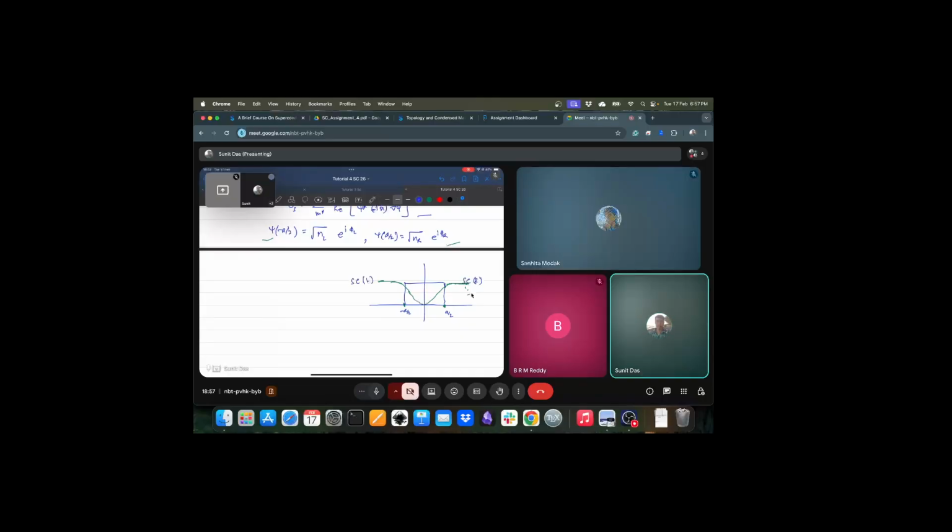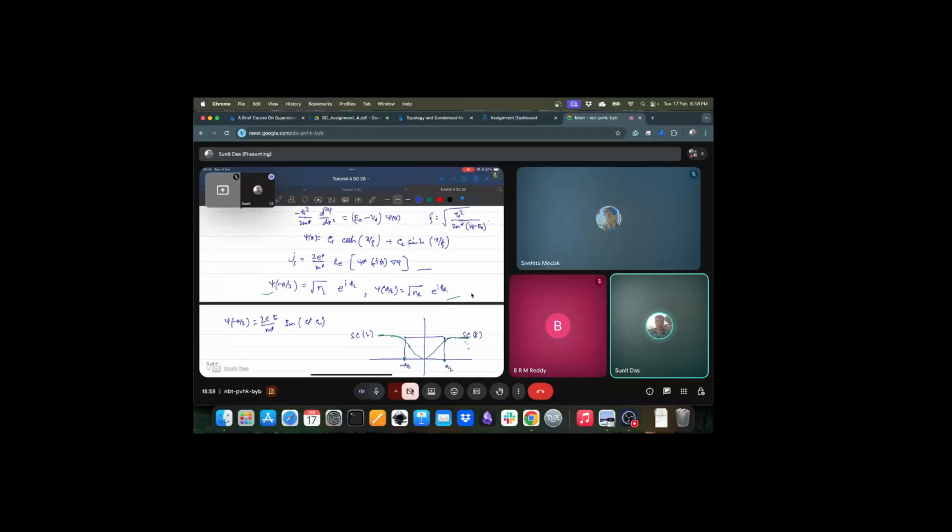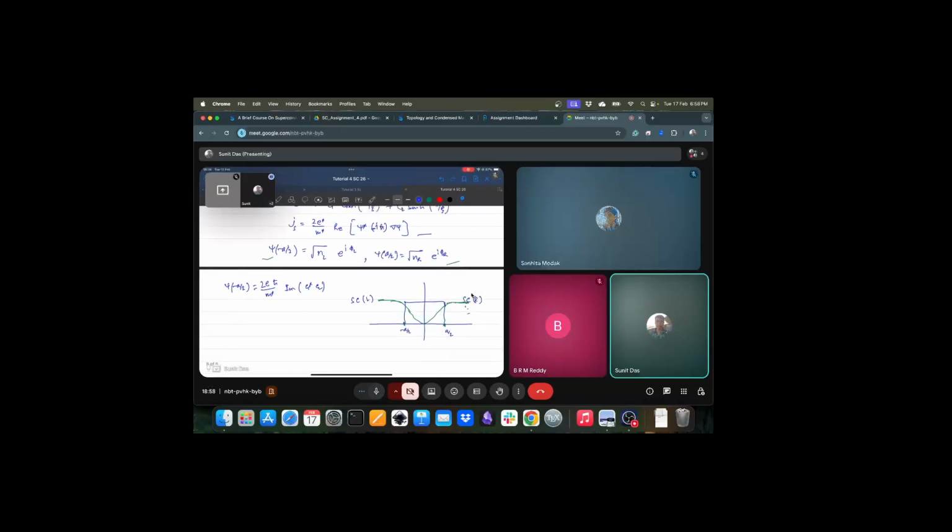And this wave function, psi of minus a by 2, can be rewritten with 2e, 2 is the charge, and then m star h bar. Once you use these boundary conditions, then we can arrive at these conditions, c1 star c2. So using this wave function, we can arrive at this.